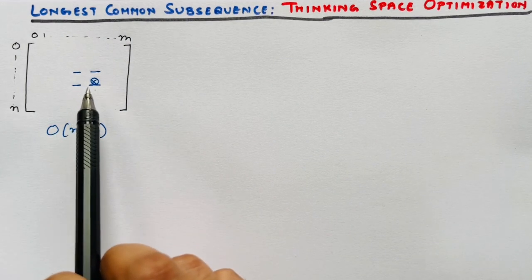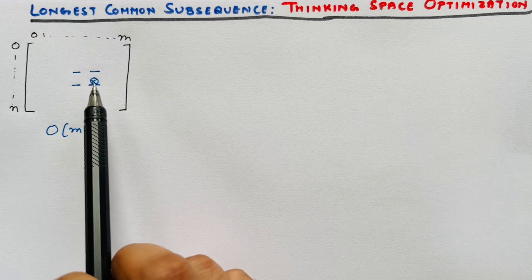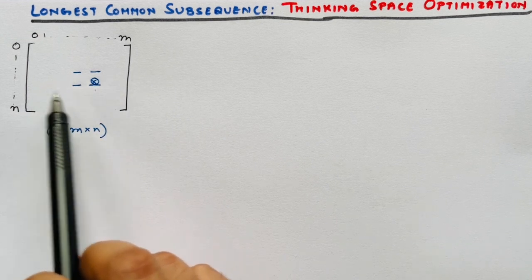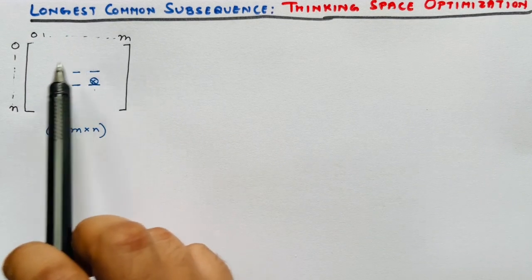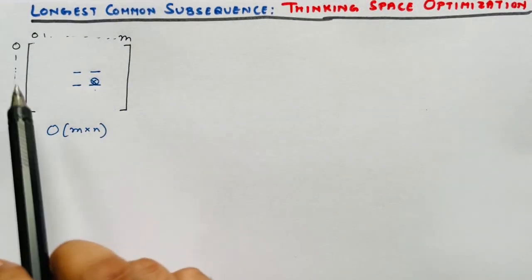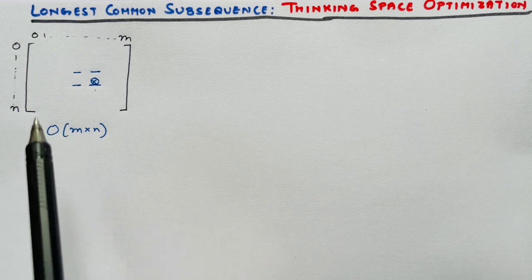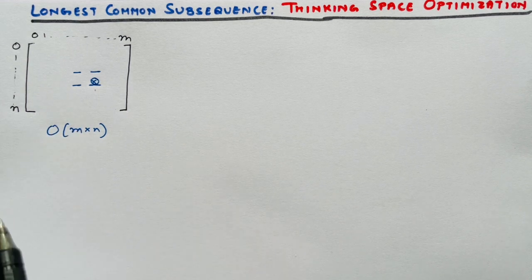No. Whenever we are filling any particular row, we only need the values of elements in that row and the values of elements in the previous row. That is it. So we only need two rows at a time, and we don't need the whole matrix. And how can we represent the two rows? We can represent them by arrays.